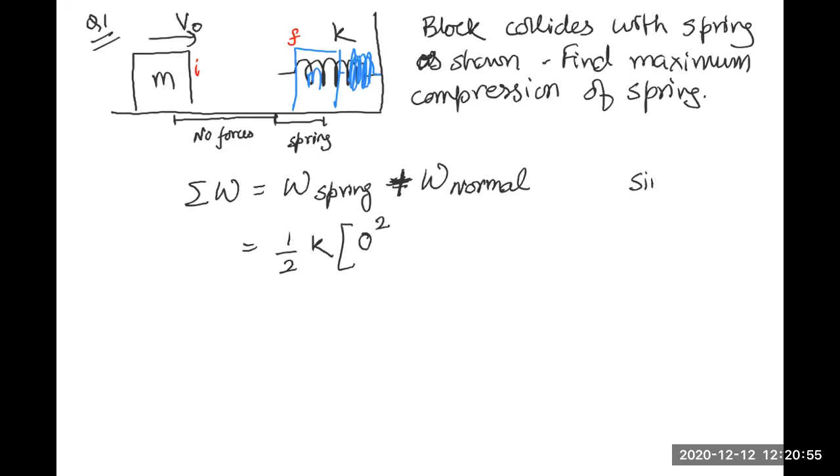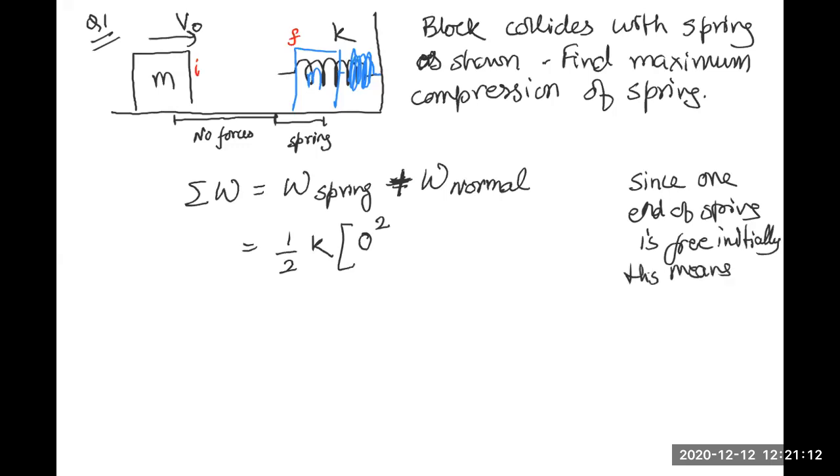So since one end of spring is free initially, this means that xi is equal to 0 minus final compression whole square.